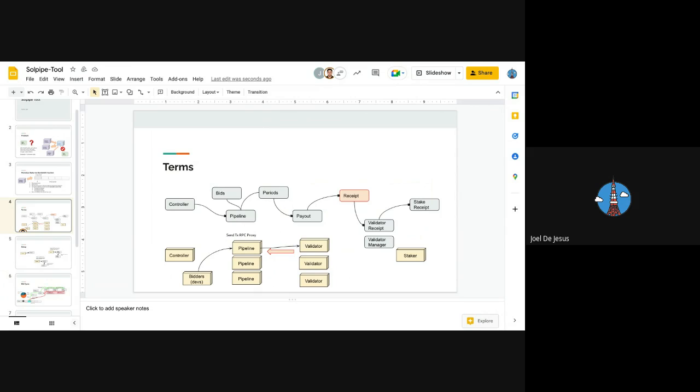The validator could sell their bandwidth to any of these pipelines, but for this period with this payout account that corresponds to the period tomorrow from 9 to 12, the validator is saying, my stake will apply to this pipeline for this payout period.